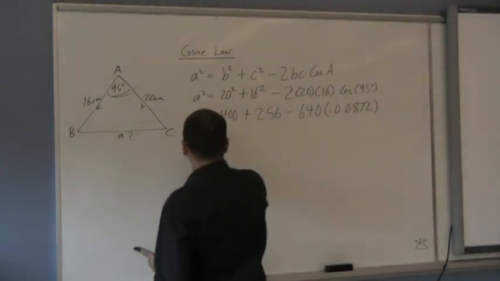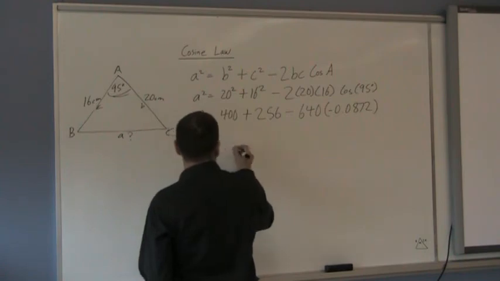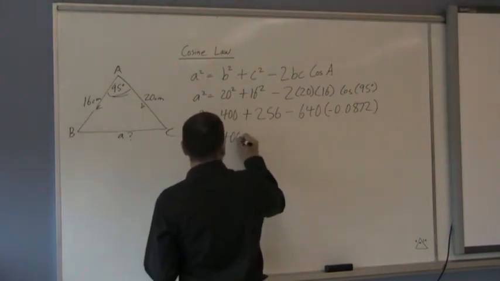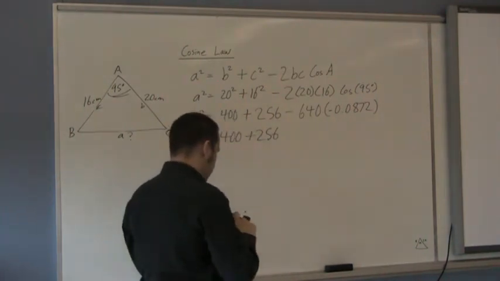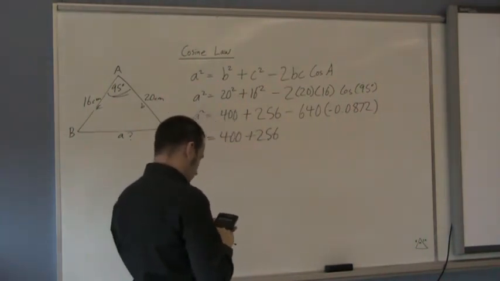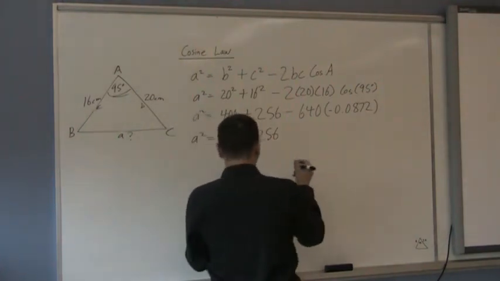Okay, so we put this all together. A squared equals, this is still 400 plus 256. I do this calculation. Okay, so negative 640 times negative 0.0872, and you come up with a positive 55.8.